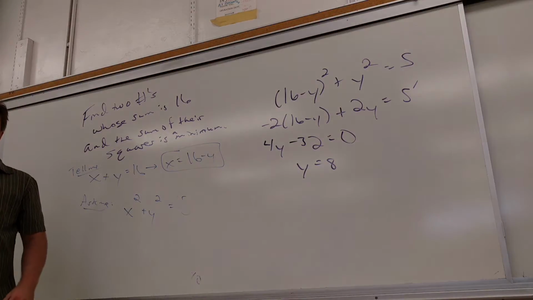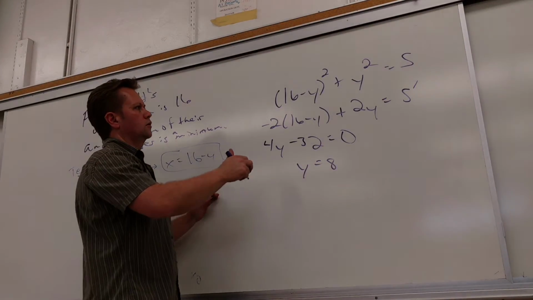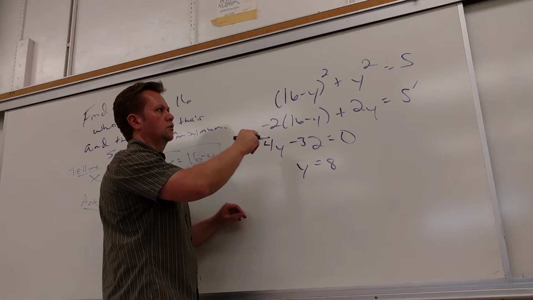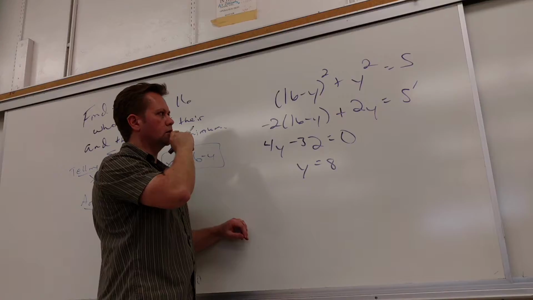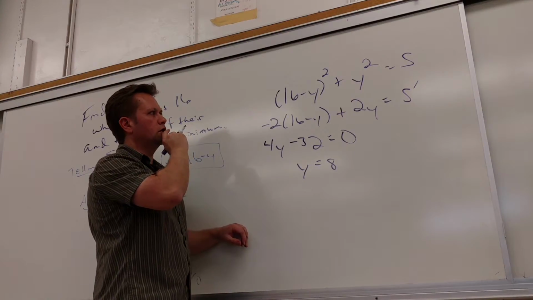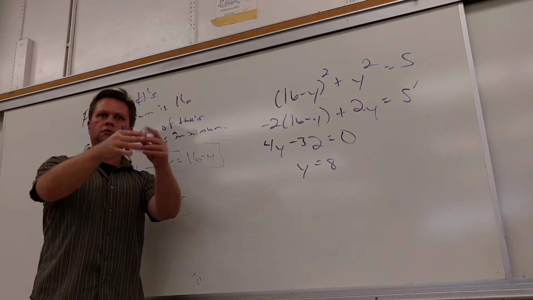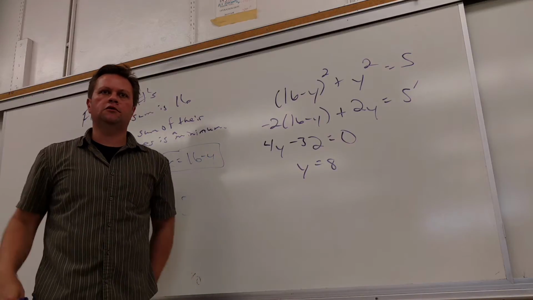Can I ask you? Yes. So minus b over 2a, can I use it by expanding the (16 minus y) squared? If you put this all together and make it into a quadratic form, and you identify a and b, the answer is still no, because now we're in calculus class, we're not going to use those kinds of shortcuts.